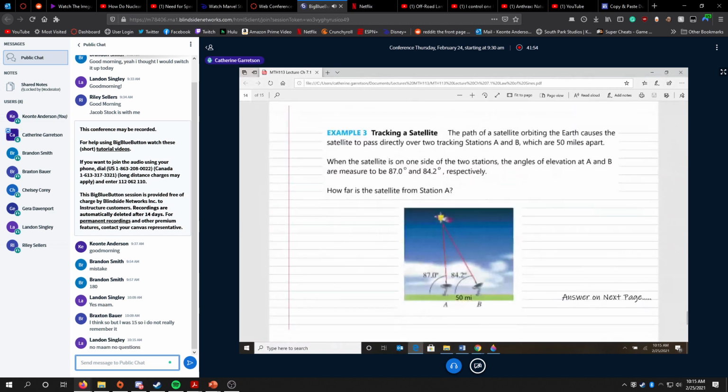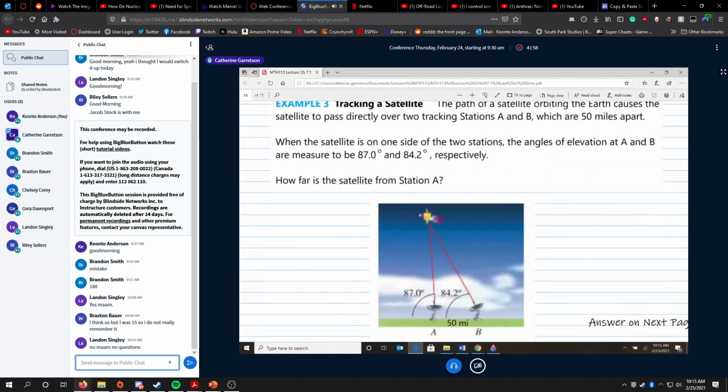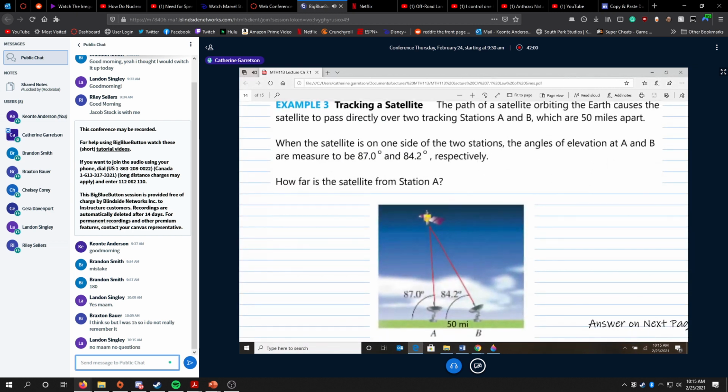Now this is one kind of like in the homework. It's similar, but a little different from what we just did. It's still an angle side angle, except for the angles that they gave.